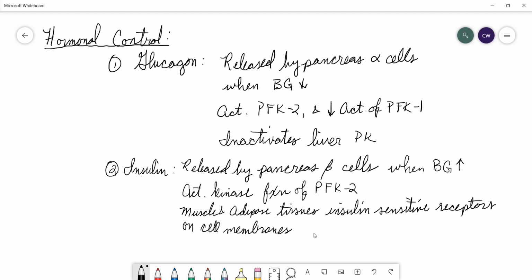Okay. And that enhances glucose transport.